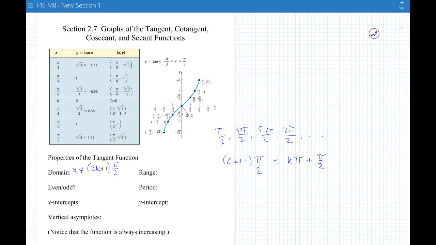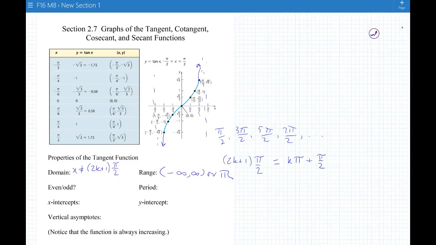Now notice the graph keeps going forever in both directions, and we get a vertical asymptote. But the range is going to be all real numbers, because you can get every real number as the output of the tangent function, but the inputs can't be odd multiples of pi over 2.